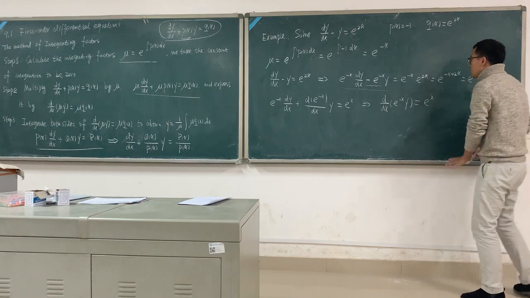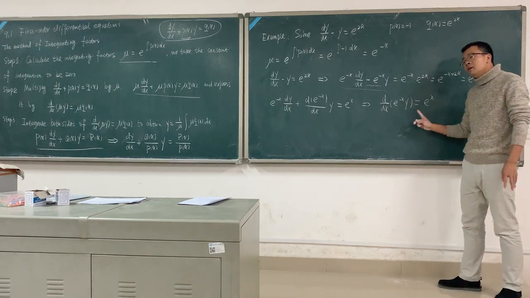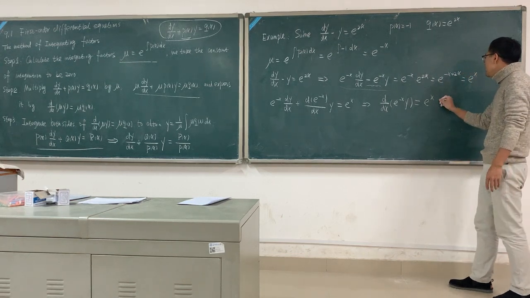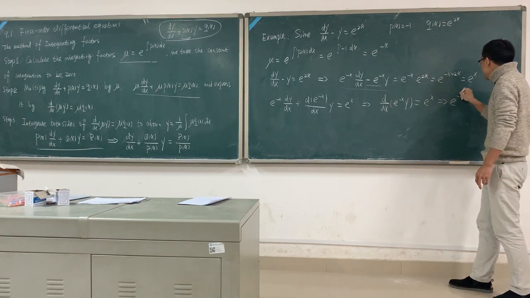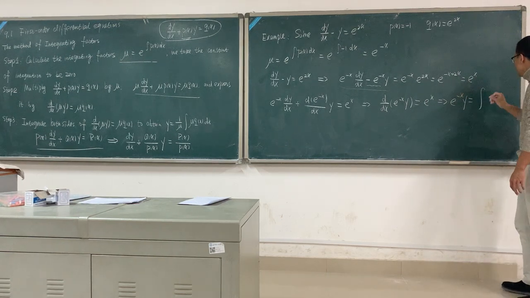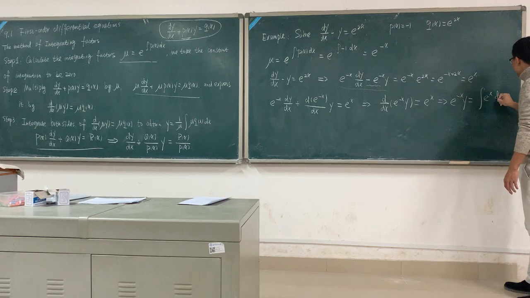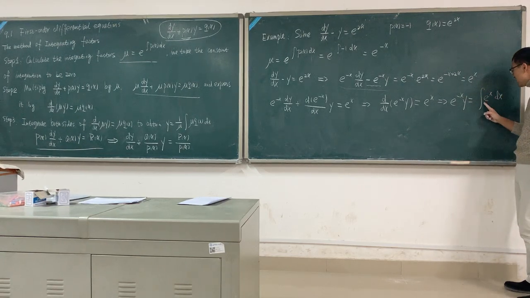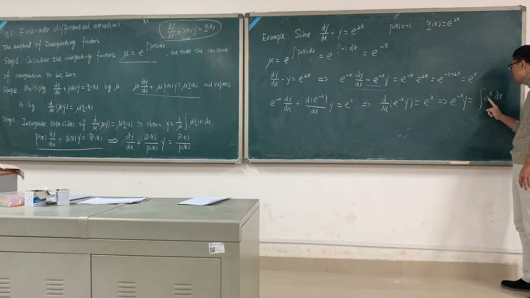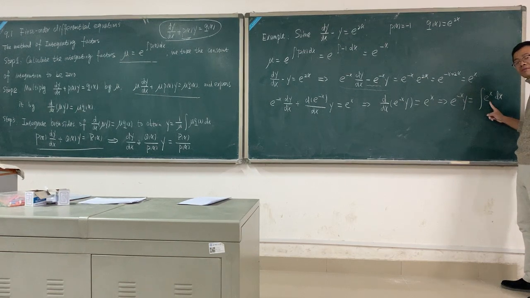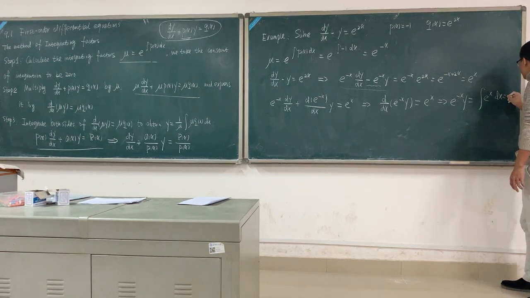From here we integrate on both sides. So we have e to the minus x times y equal to the antiderivative of e to the x dx. The antiderivative of e to the x is e to the x plus a constant c.